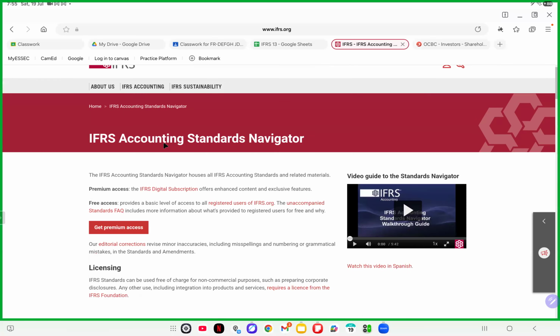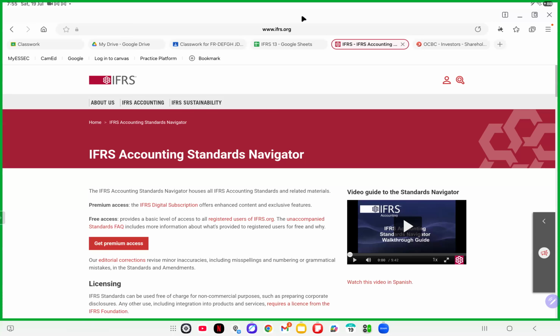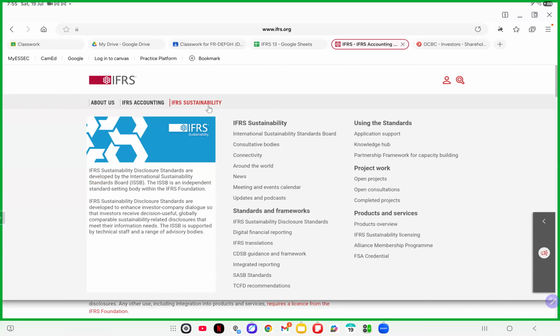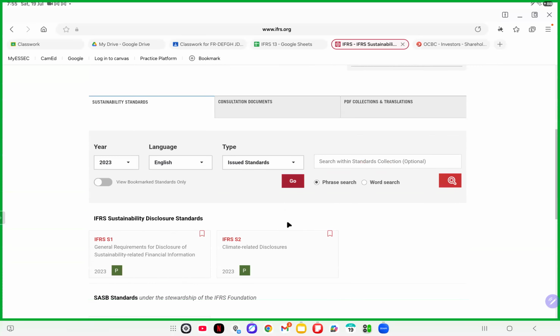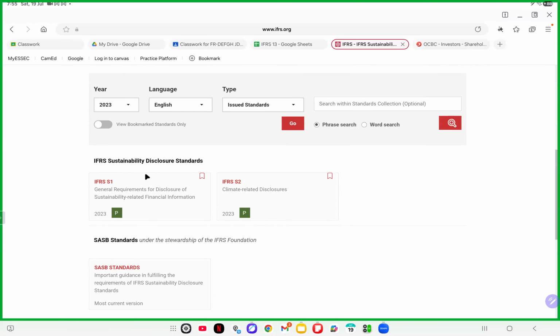It's called World Wide Web, IFRS.organization. Do you see sustainability? Now, do you know who is the ISSB? International Sustainability Standards Board. They have 2 sustainability disclosure standards. In SBR, students must learn both S1 and S2.